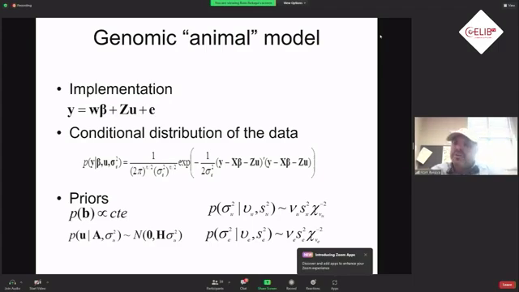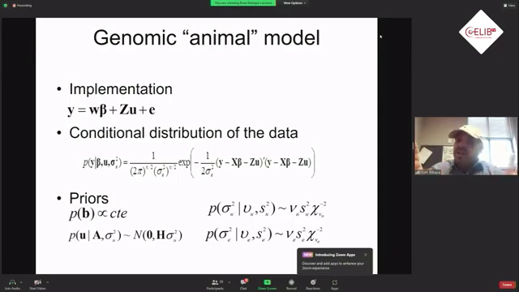When you have genomic information, you compute a matrix H. That matrix H is a combination of the pedigree information and the genomic information. The pedigree information is used to compute A minus 1, and the genomic information is used to compute G minus 1. You blend those two as I presented in the previous slide, and then suddenly you have your matrix H.